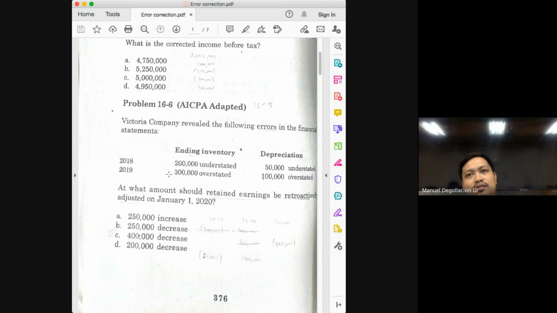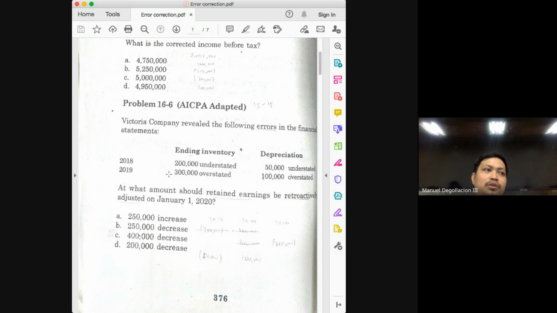So let's just briefly talk about it. How do you get net purchases? Gross purchases minus purchase discounts, purchase returns and allowances, and other adjustments. But do not forget to add what? Your freight in.